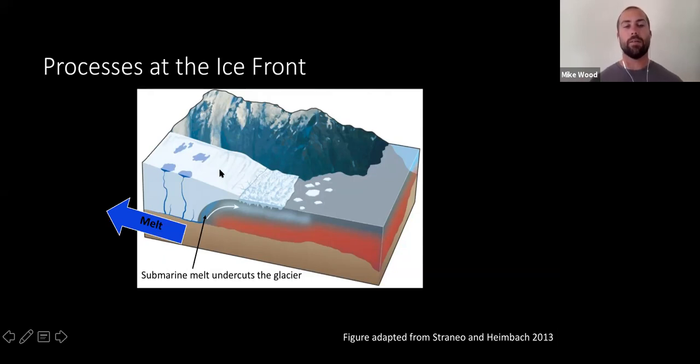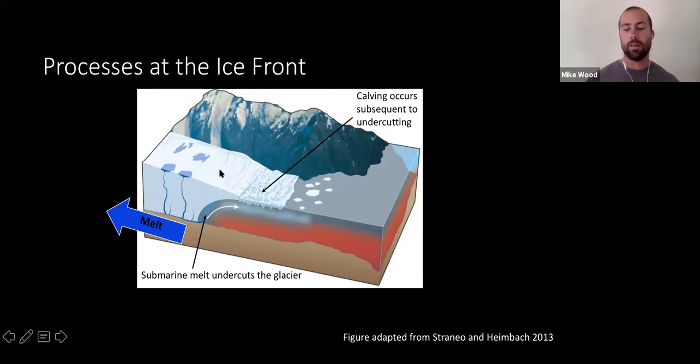And because the melt is most vigorous near the grounding line, it's going to act to undercut the glacier and leave some ice seaward of it floating. So when I'm talking about melt from the ocean, some of that includes calving that will occur subsequently, which has been undercut and no longer provides any buttressing to the ice upstream.